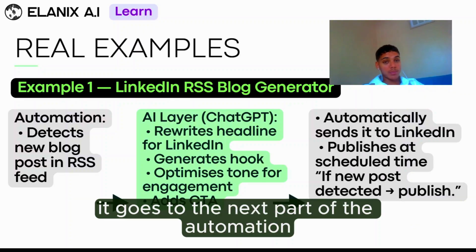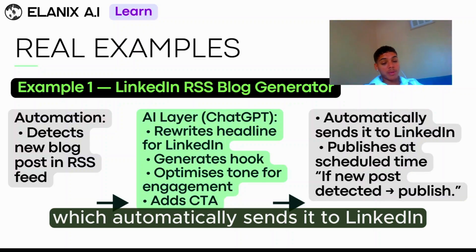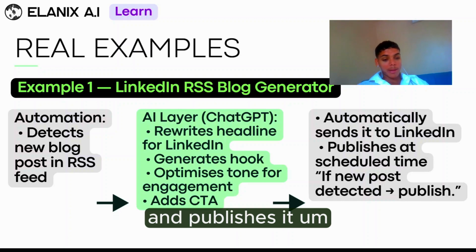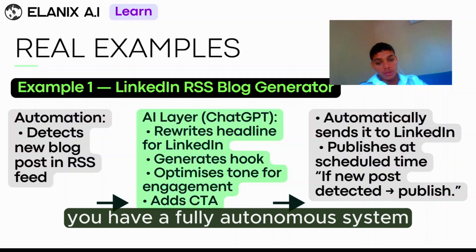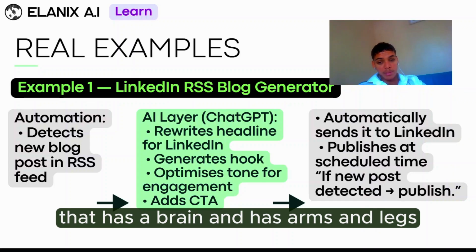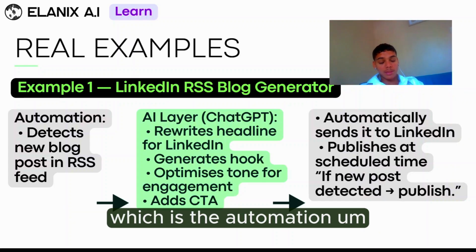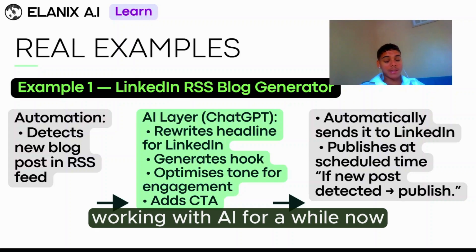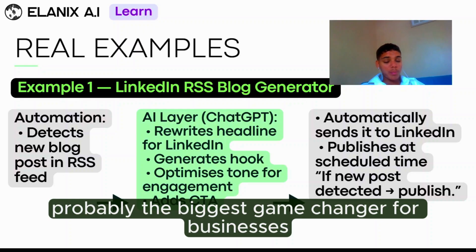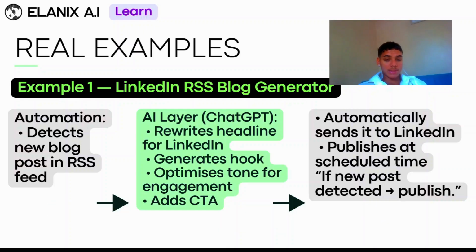It goes to the next part of the automation, which automatically sends it to LinkedIn and publishes it at a scheduled time. So by combining automation and intelligence, you have a fully autonomous system that has a brain and has arms and legs, which is the automation. So this is what I believe, working with AI for a while now, probably the biggest game changer for businesses.